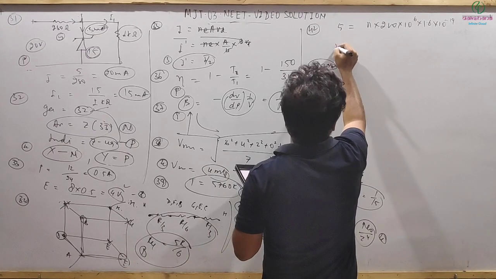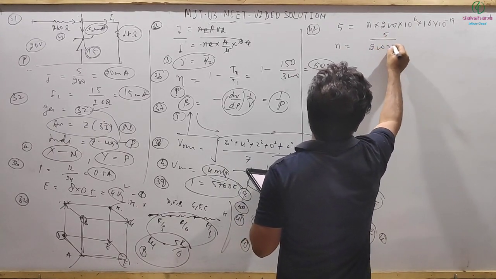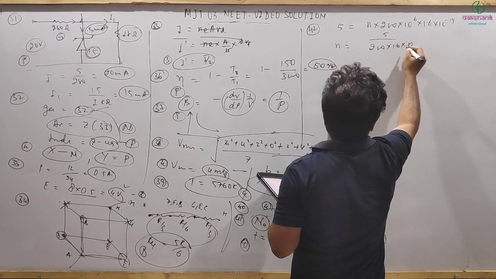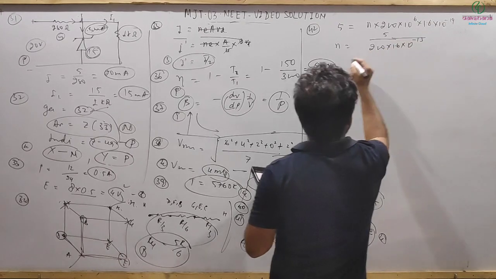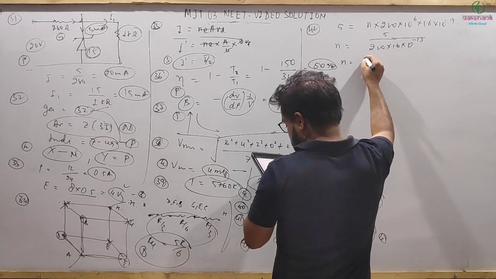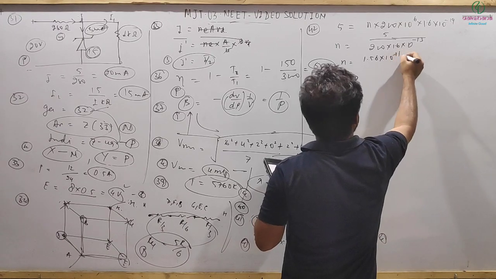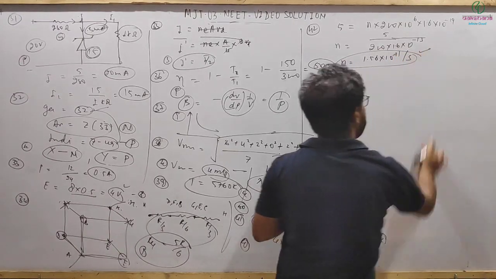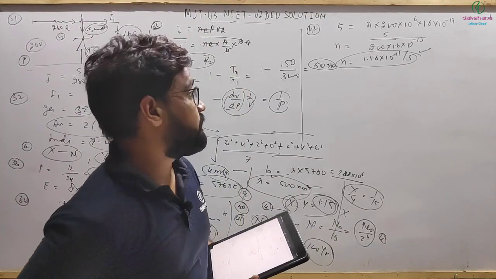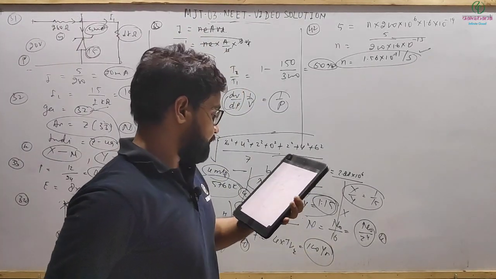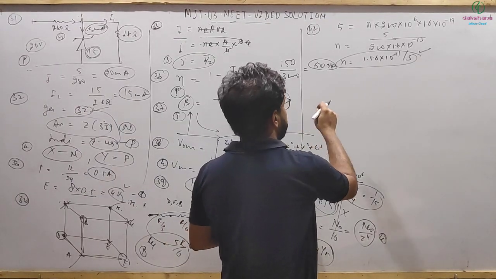Solving 5 divided by 200 into 1.6 into 10 to the power minus 13, we get N equal to 1.56 into 10 to the power 11 per second. This many radioactive nuclei must fission to produce 5 watt of power.